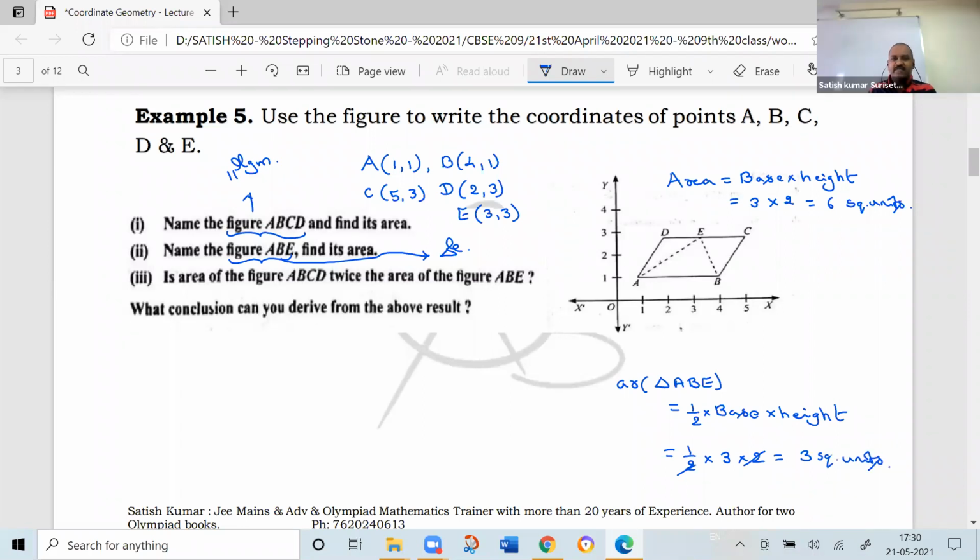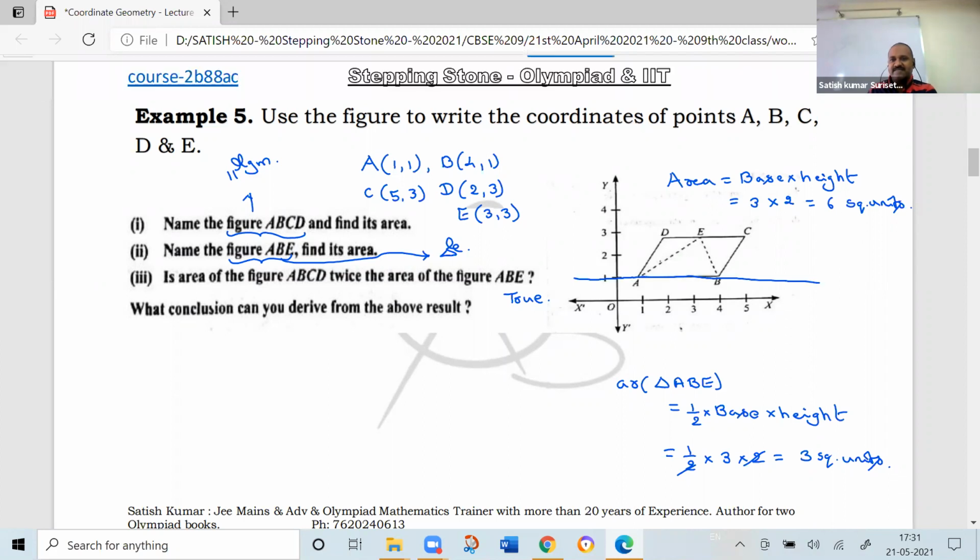What about the third statement? Is the area of figure ABCD twice the area of the figure ABE or not? It is true. Now, what is the conclusion here? What conclusion can you derive from the above result? From the figure, you should be able to say the conclusion. Now, can I say that the triangle and parallelogram are on the same base and between the same parallel lines?